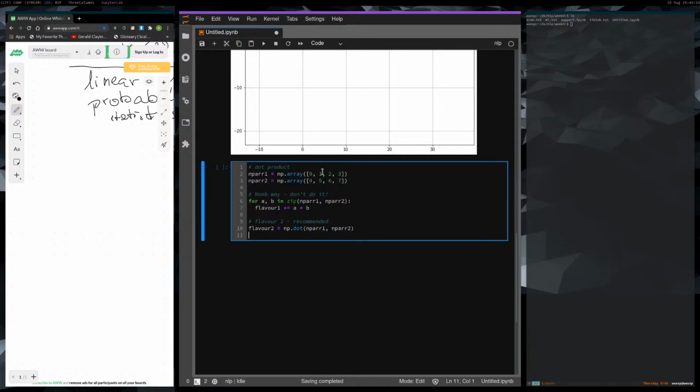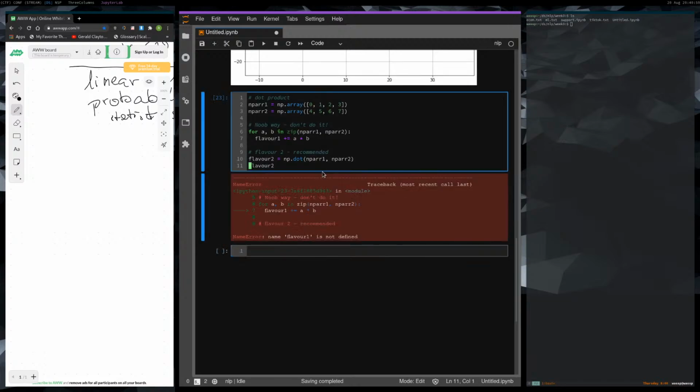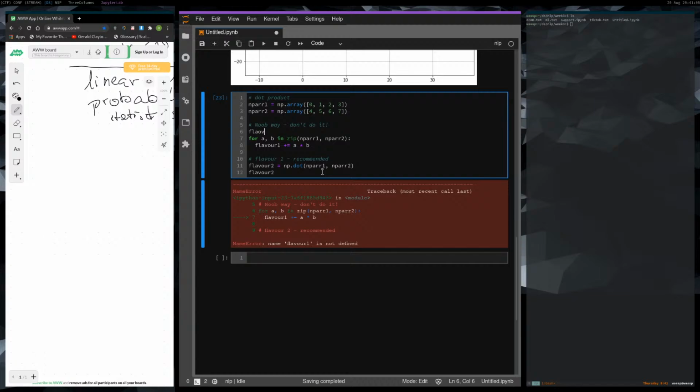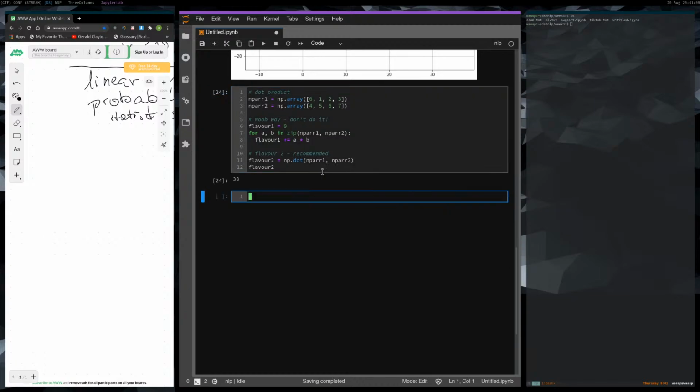Okay? Flavor 1 is not defined. Oh yes, because we also need flavor 1 equal to 0. Okay, so we get our dot product from these two vectors.